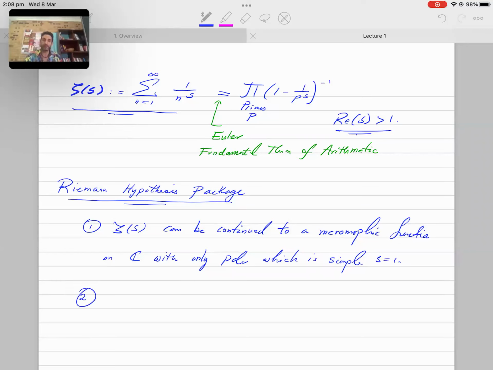And second, Riemann discovered a functional equation for this function. For that, it's better to actually consider something called the completed zeta function. So let zeta hat be the completed zeta function.